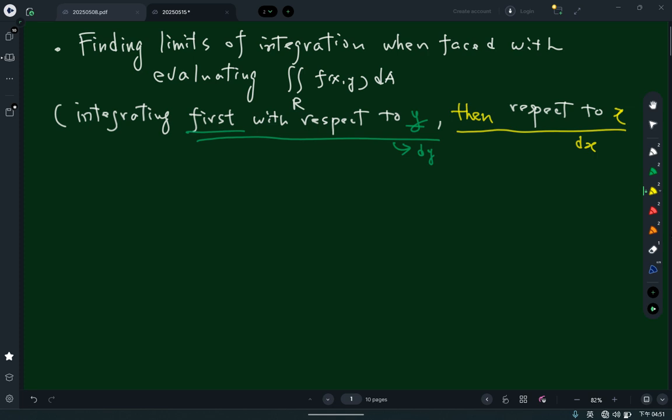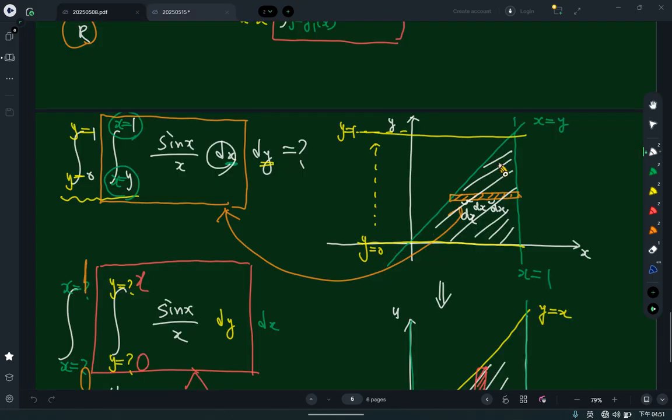Okay? So for the step one, we need to sketch the region R. So just like I show you here, right? We need to measure the area of the integration first.